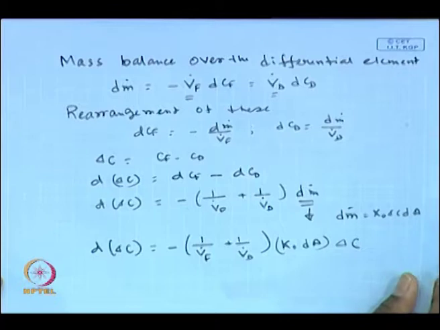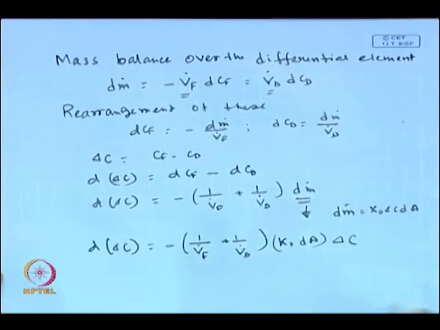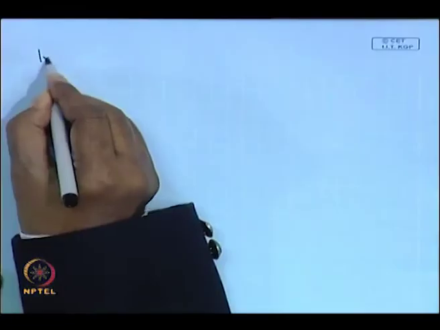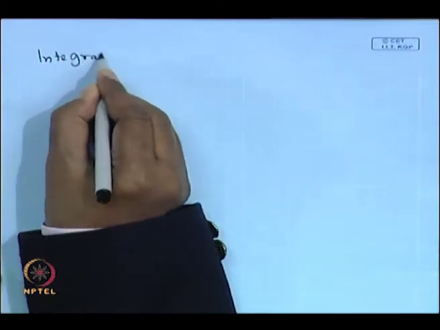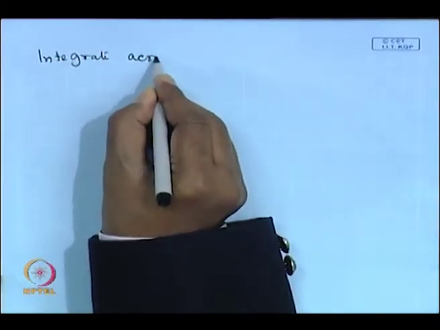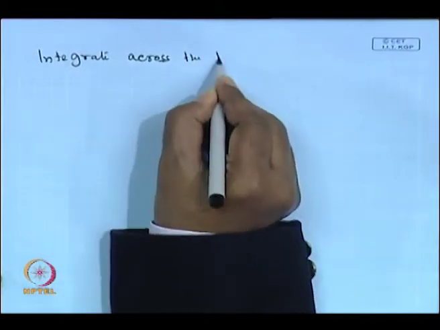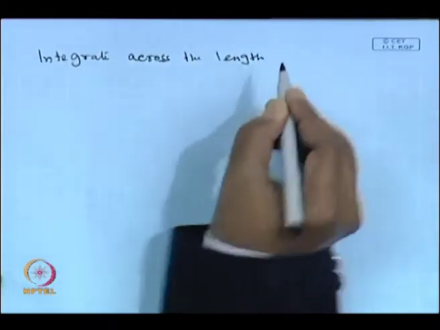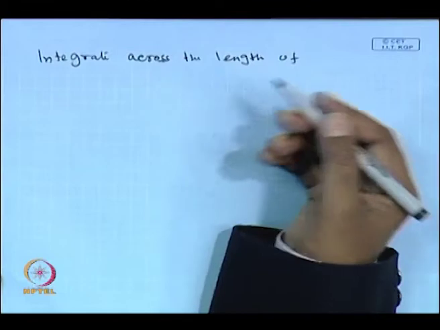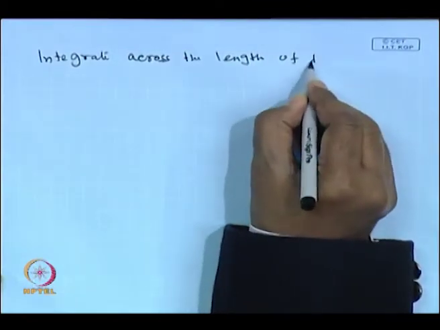Okay. Now, you bring delta C to the denominator on the left hand side, and this equation can be integrated between the inlet and outlet of the flow regime of the equipment. So, you can integrate the resulting equation across the length of the dialyzer, which is proportional to the area.